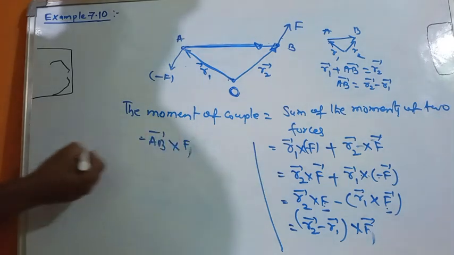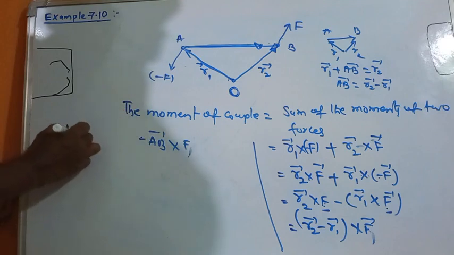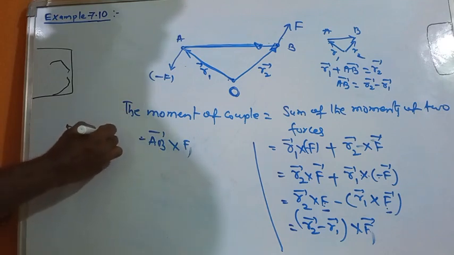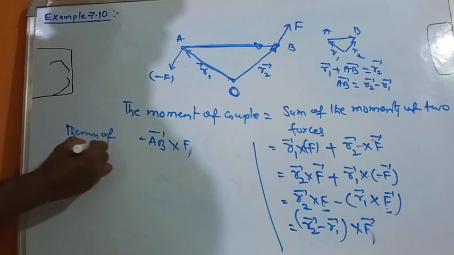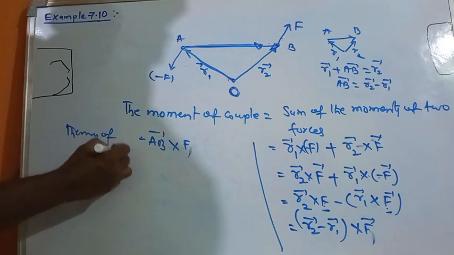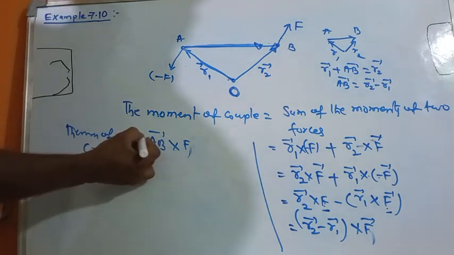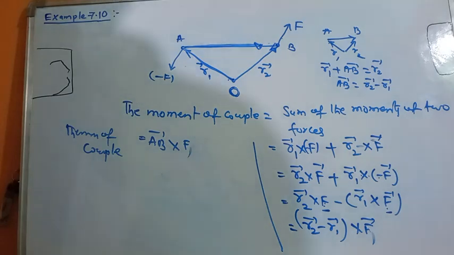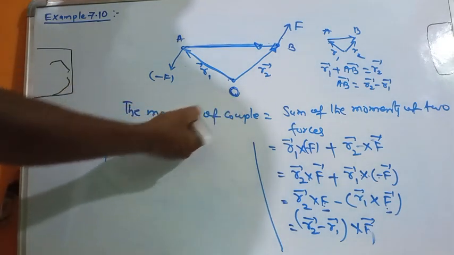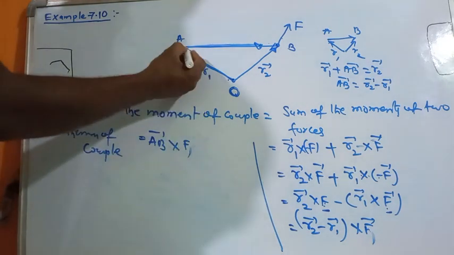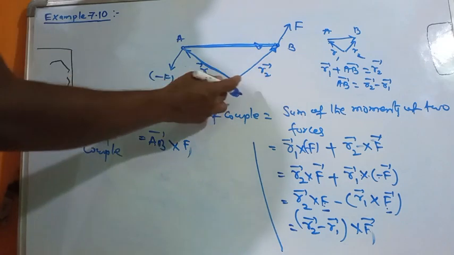This is the moment of couple. Now in this moment of couple, there is no origin. It is not depending on the origin because we are getting here AB.